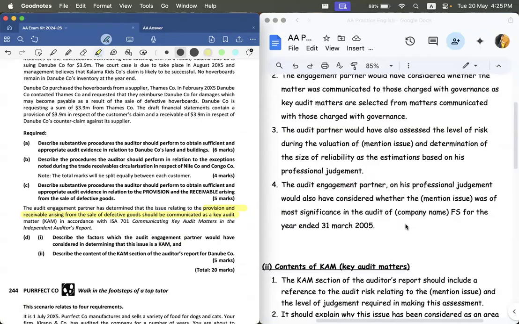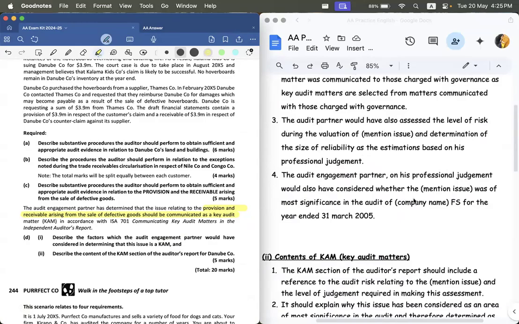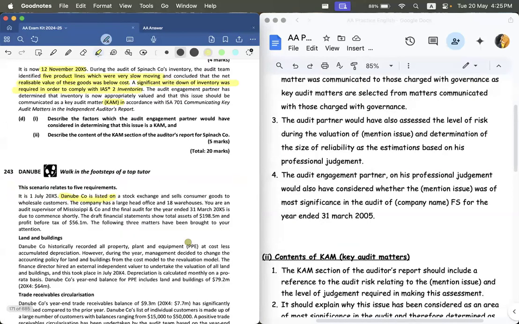Now, the last sentence: the audit engagement partner, on his professional judgment, would also have considered whether the provision and receivable arising from the sale of defective goods was of most significant importance in the audit of Danube Company's FS for the year ended 31st March 2005. Understood?